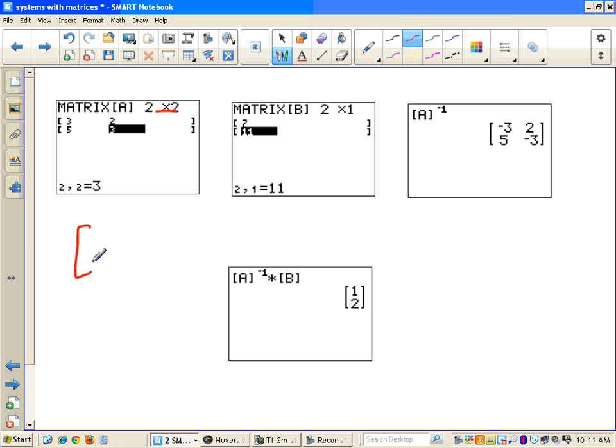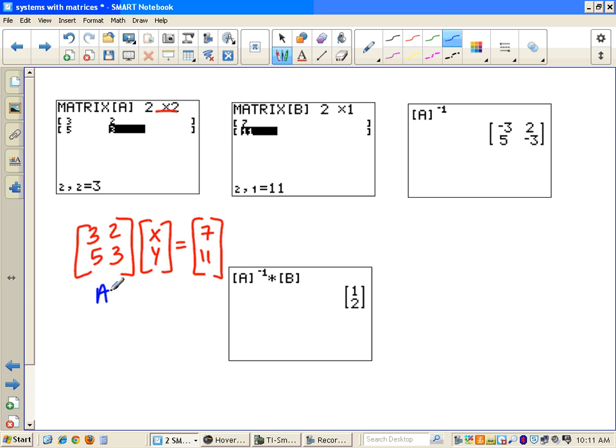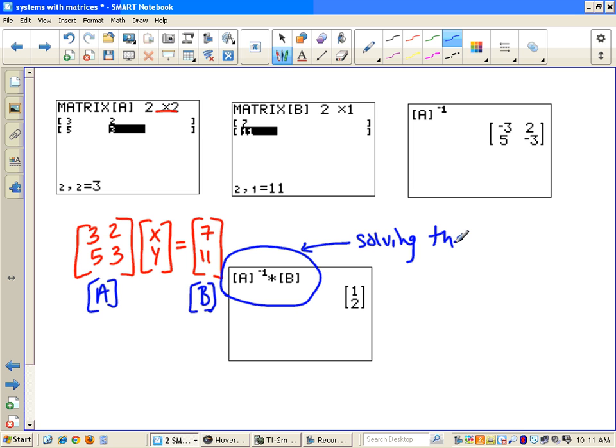So we had the matrix 3, 2, 5, 3, we had X and Y, and we have 7 and 11, and we've labeled this matrix A and put it in the calculator as matrix A, and this one matrix B, and put it in the calculator as matrix B. So what we can do is this operation right here is going to be solving the matrix equation by using the inverse.